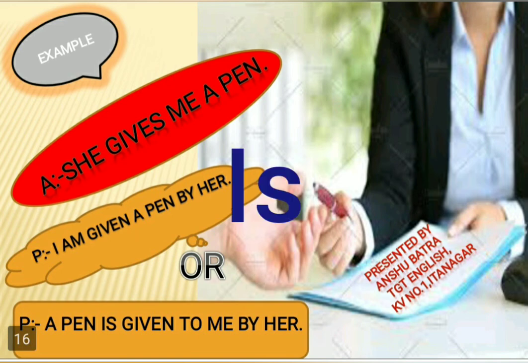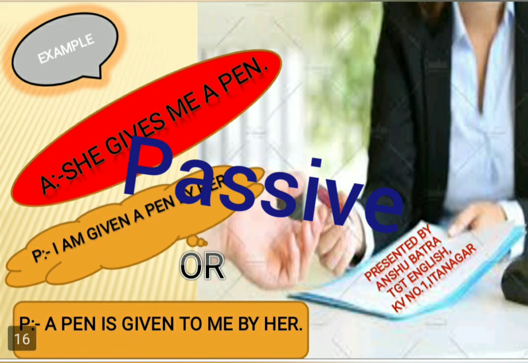Is. So the sentence will be, a pen is given to me by her. So in this way, following the two methods, you may convert the sentences having two objects into passive voice.